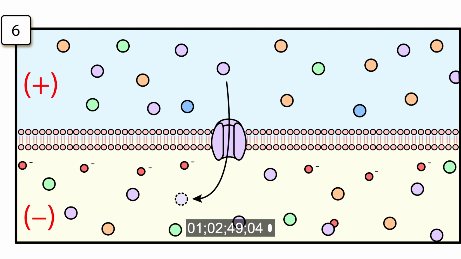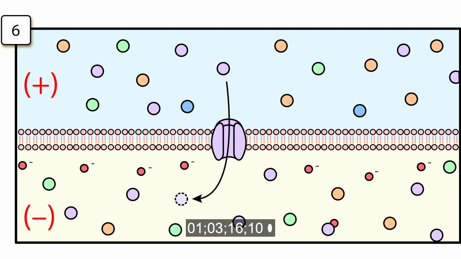Notice that by being more negative inside, it will actually generate a counterforce, a force to attract potassium to flow back into the cell. However, the chemical gradient is much more massive compared to the electrical influence on this one single potassium ion.